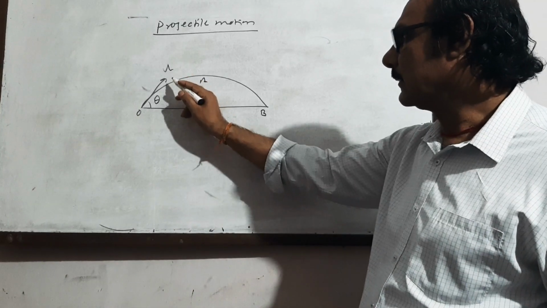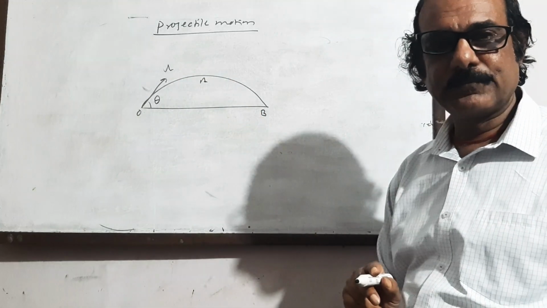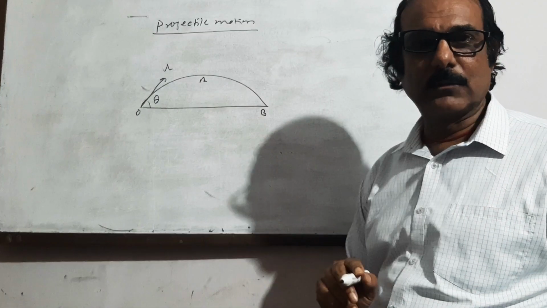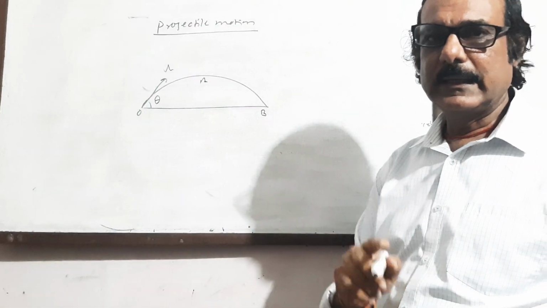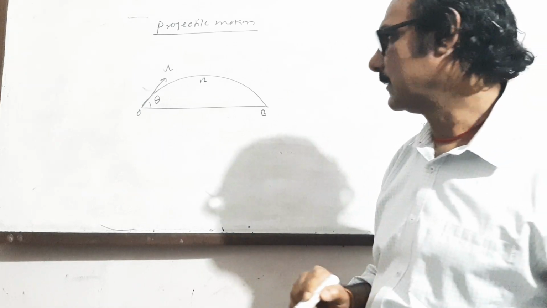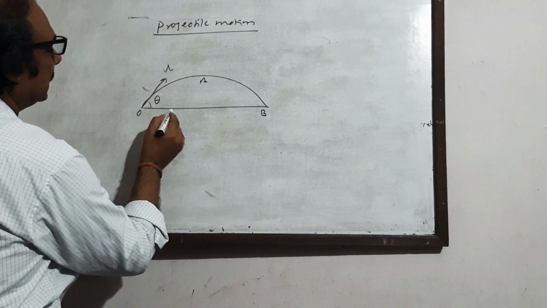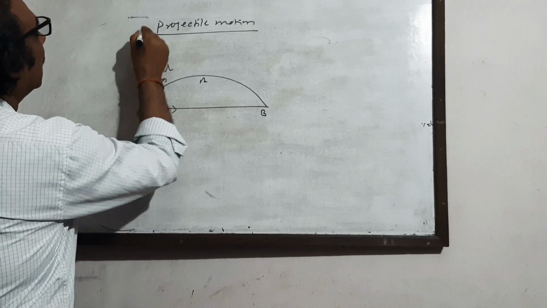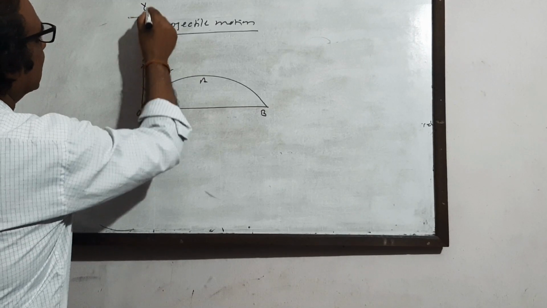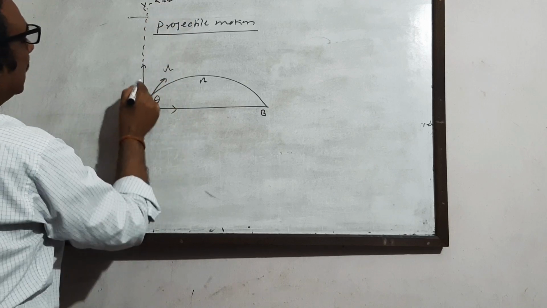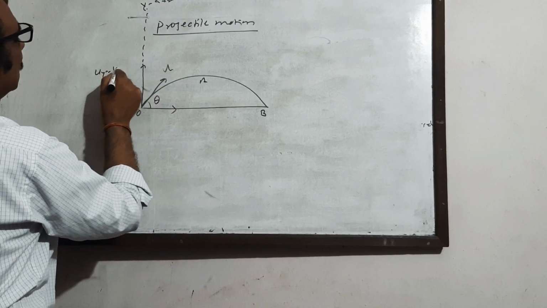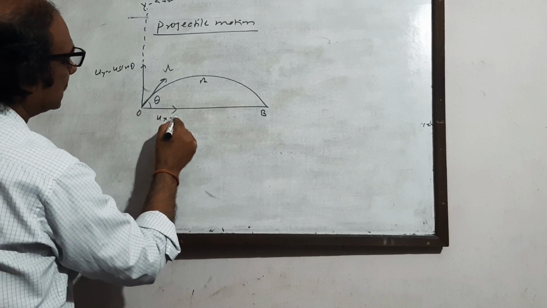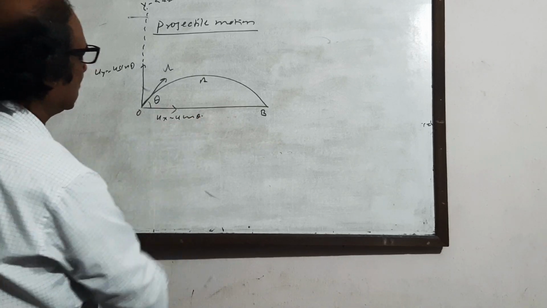So first of all, the velocity of the projectile can be resolved into two rectangular components along the x-axis and also along the y-axis. Along the y-axis, uy equals u sine theta, and along the x-axis, u cos theta.